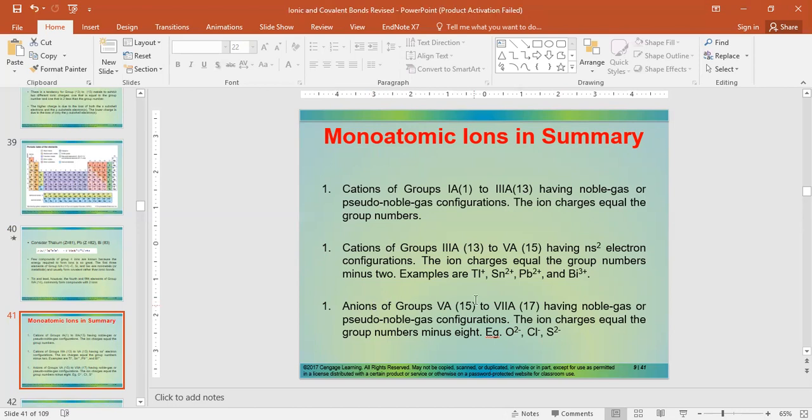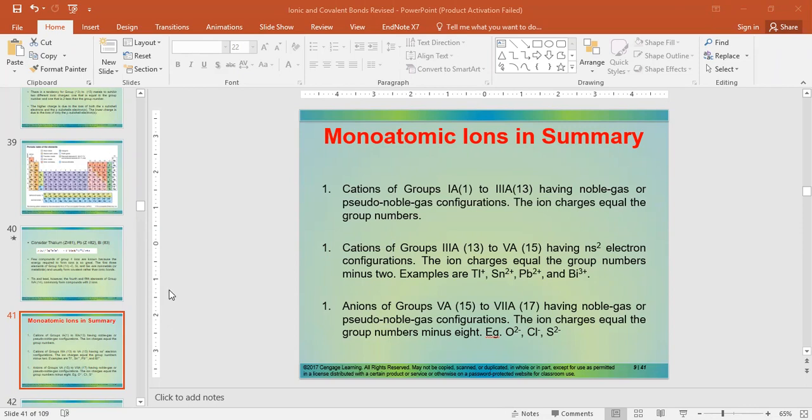Now, anions, when you talk about anions from group 15, yes, there are 2 students who have raised their hands. Let me start with Mogeni. Okay, my question is on lead and bismuth. Yes. Like you said, they have lost 2 electrons, but for example, lead makes a 2 positive and a 4 positive.